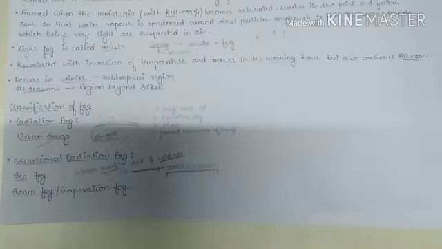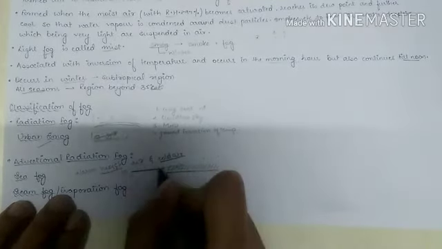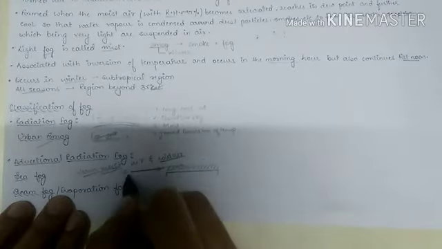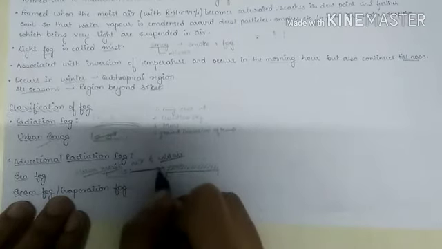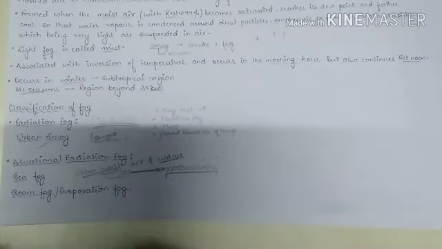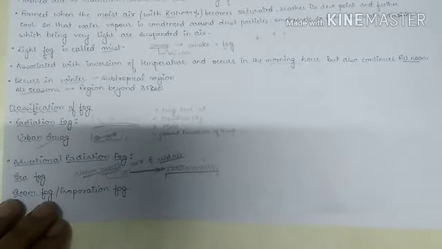Now, for the formation of this type of fog, certain conditions are required. First is horizontal movement of air. Obviously, it is required because the warm, moist air has to come from somewhere. Second is greater contrast between air temperatures.